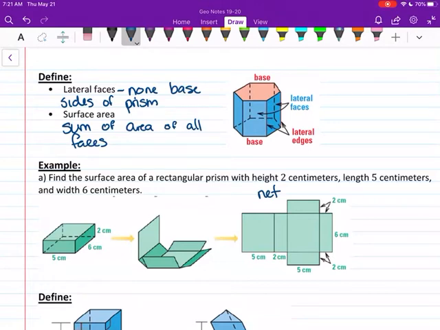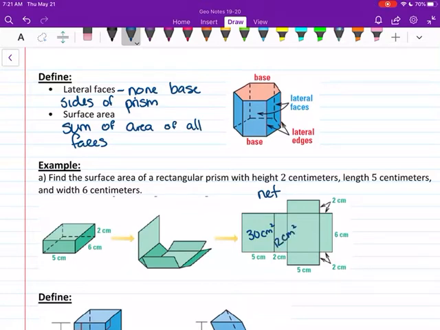And we have 3 congruent rectangles here. So we have the top and bottom. Those are going to be our 5 by 6, so those are each 30 centimeters squared. And then we have our 6 by 2, which is going to be our sides, the left and right sides. Those are going to be 12 centimeters squared.